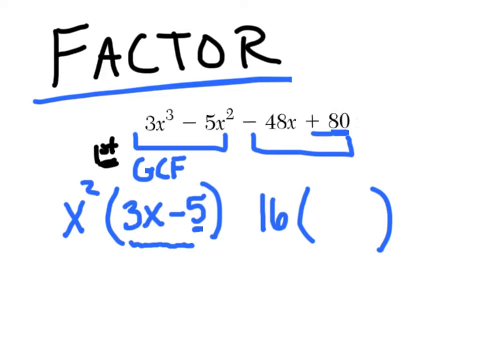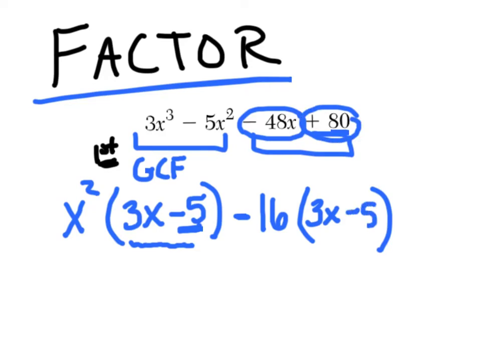Well, if this is a positive 80 and I want a negative 5 left over, I have to pull out a negative 16. And when I do that, negative 48 divided by negative 16 is 3x, and positive 80 divided by negative 16 is negative 5. So that was my second GCF.